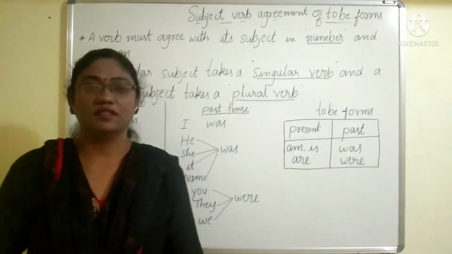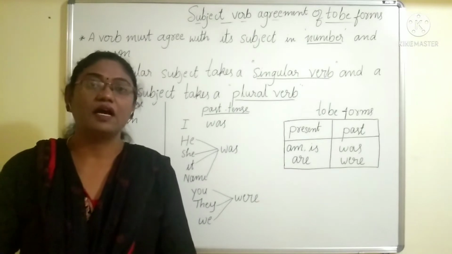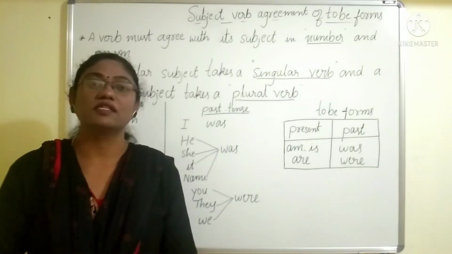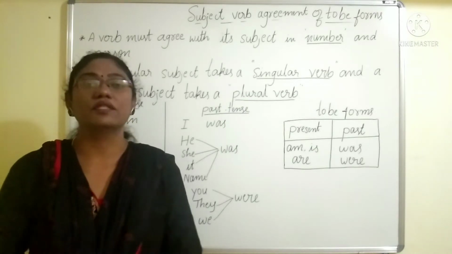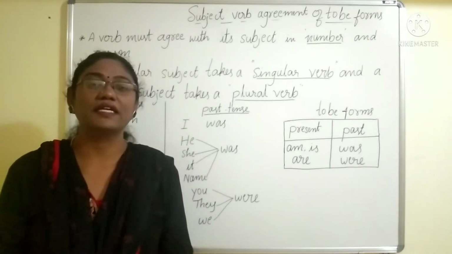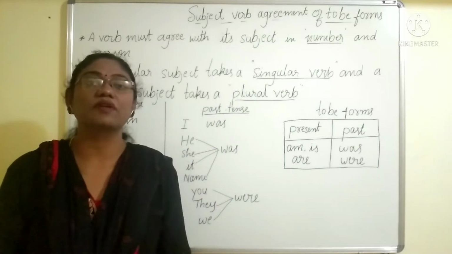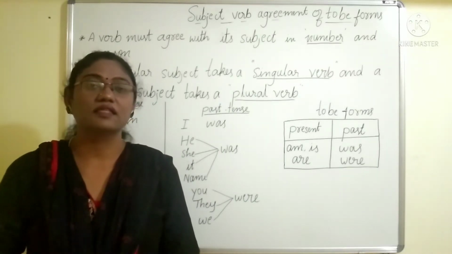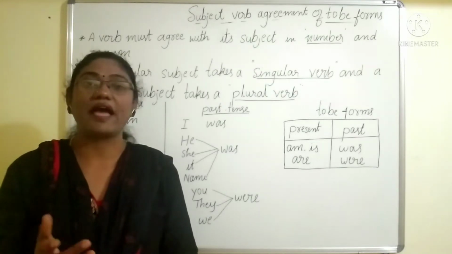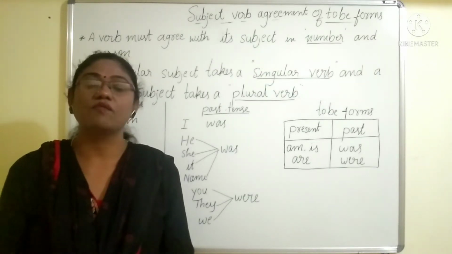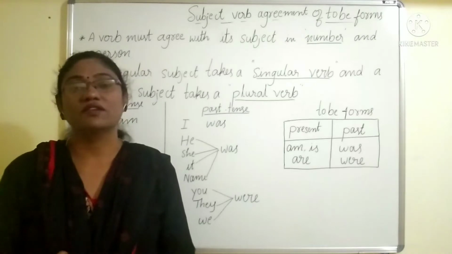Dear viewers, today in this video I am going to talk about subject-verb agreement. So we all know that there are different auxiliaries or helping verbs in English, right? Such as to be forms, to do forms, have forms and modals.